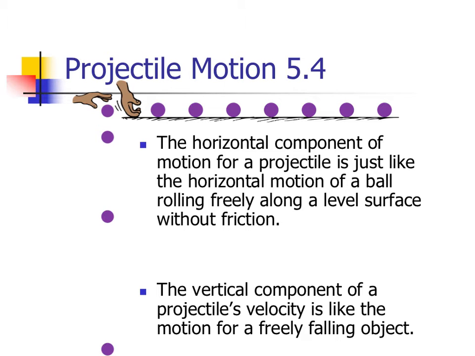If an object is launched horizontally at a certain speed, that is the horizontal distance. Whether that object is rolled across a table at 5 meters per second in the x direction, or launched at 5 meters per second in the x direction across a room through the air.